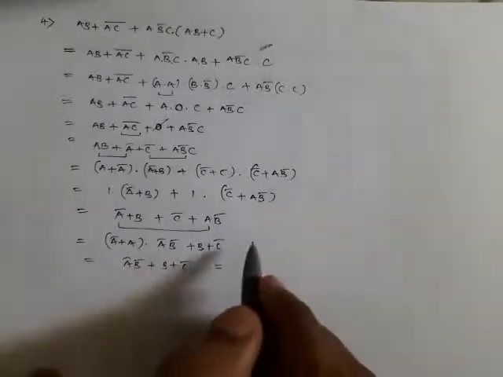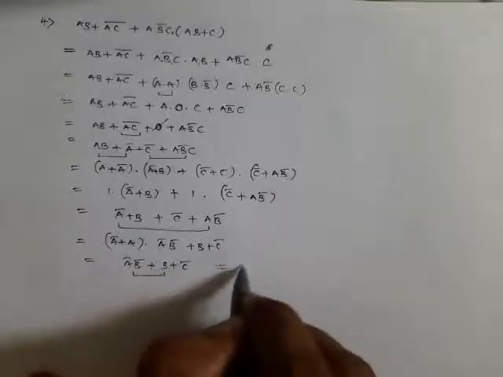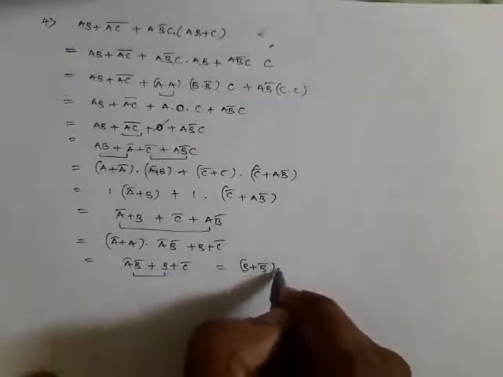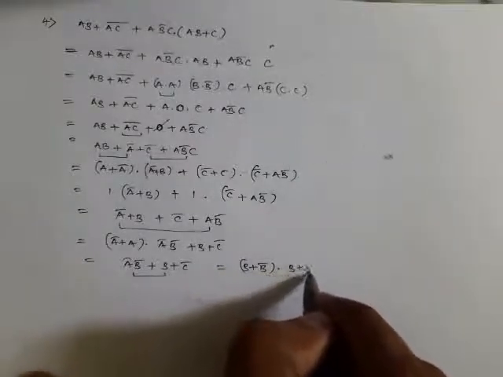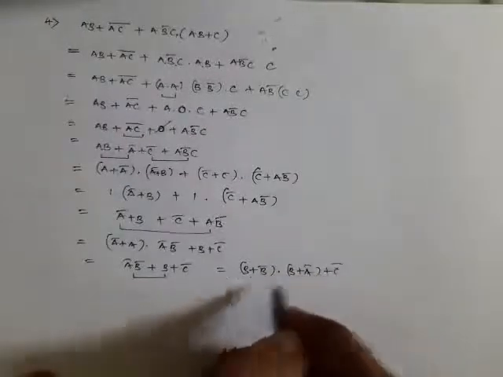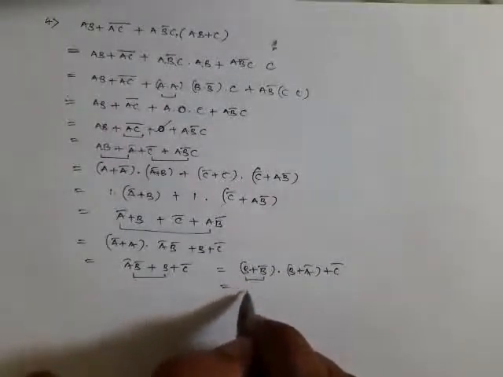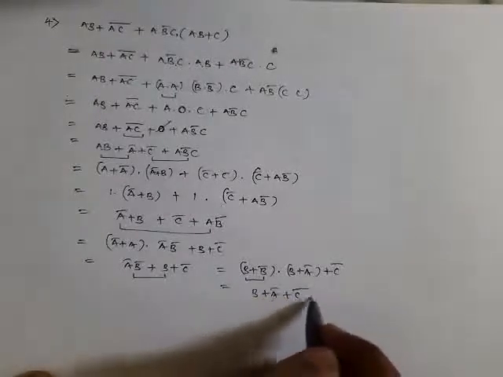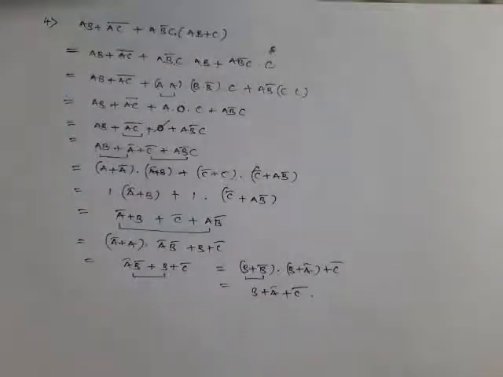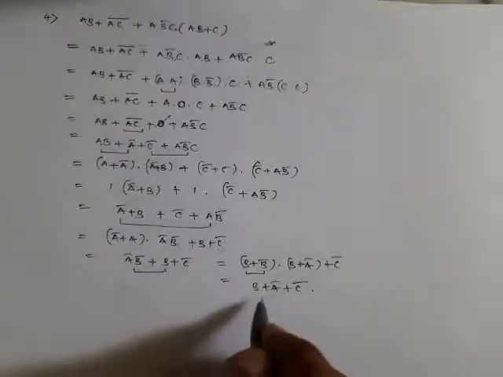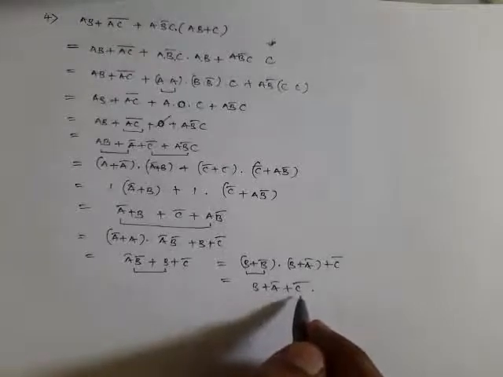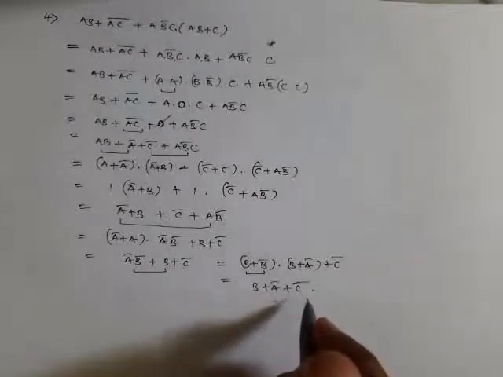This you can write as, again distribute, B plus B bar dot B plus A bar plus C bar. This is 1, so it is B plus A bar plus C bar. So this is how the expression simplifies to B plus A bar plus C bar.